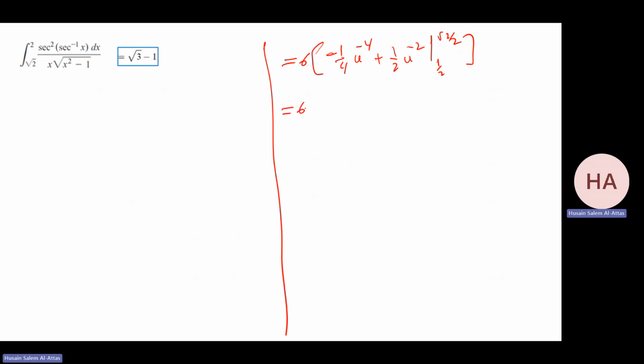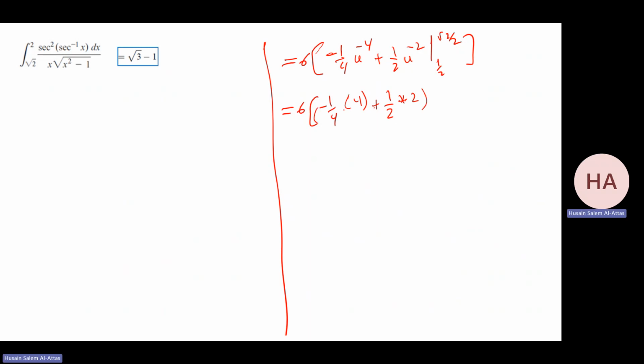That will be 6 times minus 1 over 4 u to the power minus 4, which is 2 over square root of 3 with the minus sign. Square it, that gives me 4 over 2, which is 2. You square it again, that gives me 4. So that will be 4, plus half, that gives me 2.